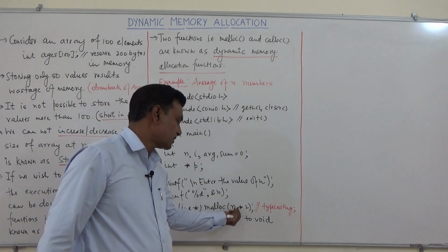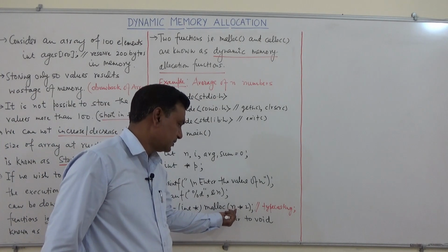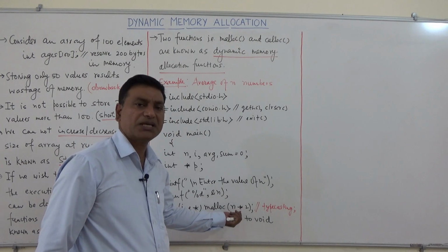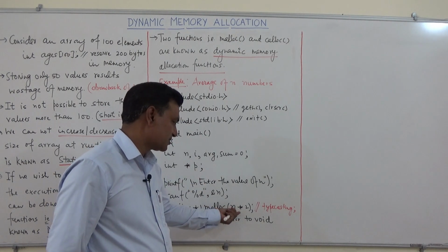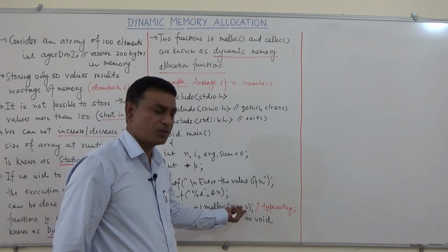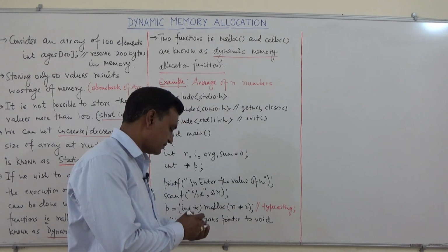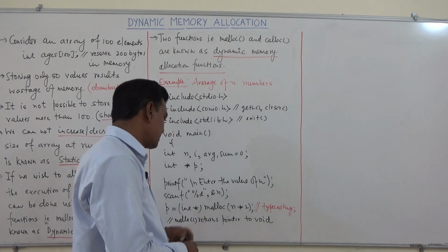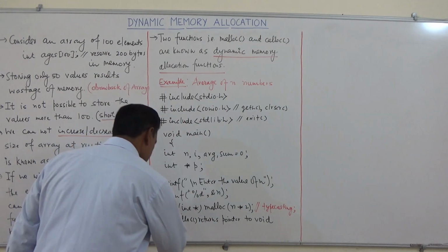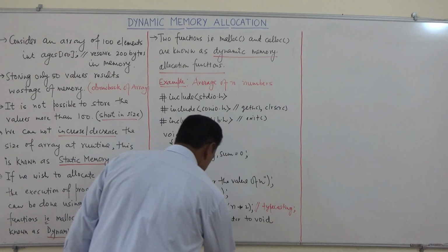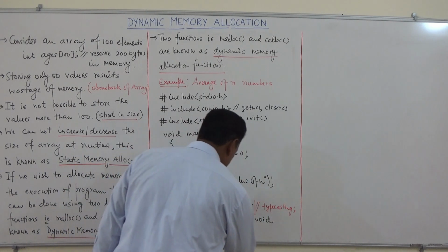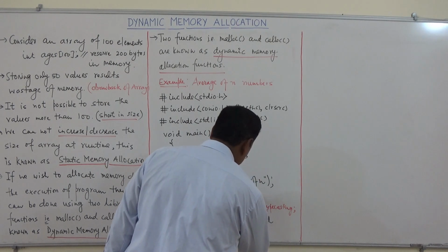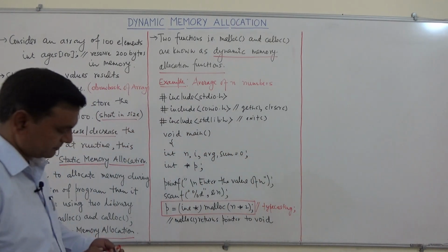And here we are using n numbers, and because this is of integer type, that's why we are multiplying with 2. So in this way we are allocating the memory dynamically, and this typecasting is also necessary to convert it to integer.